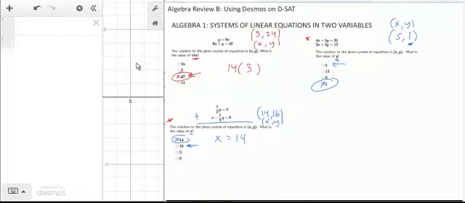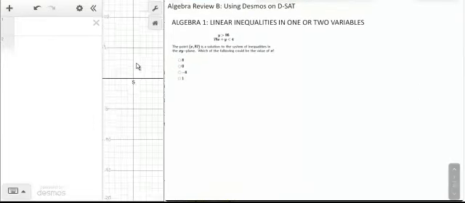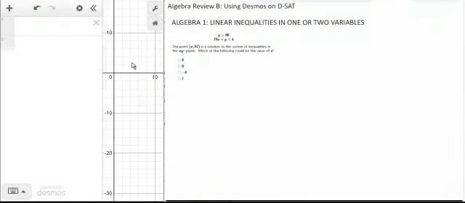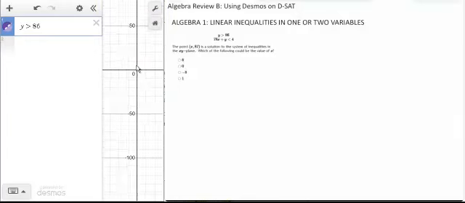All right, the very last thing that we're going to do is I want to talk through this problem here. Okay, so this is a problem dealing with a system of inequalities. Desmos will graph a system of inequalities as well. So if you just type your two inequalities, here y is greater than 86, you might have to scroll out to see it.